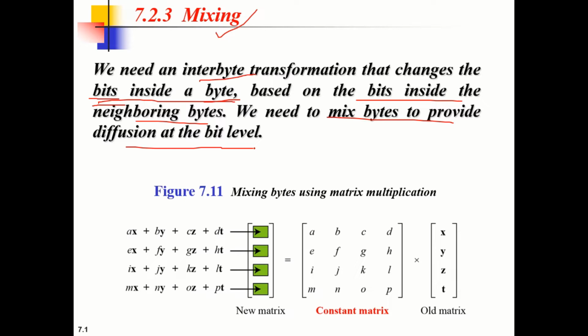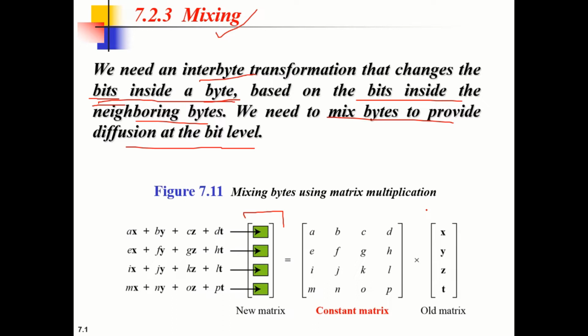So we'll be considering a column matrix of 4 bytes out of the state, and we will be changing the bits of the bytes in that matrix.